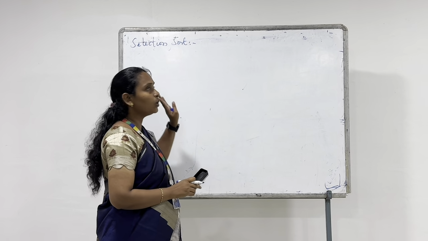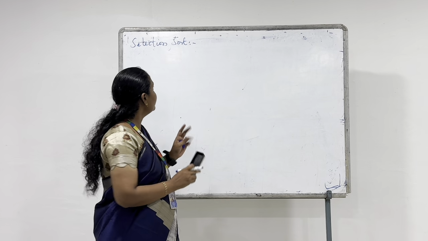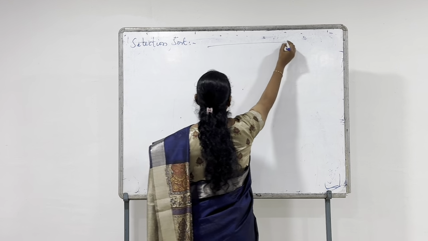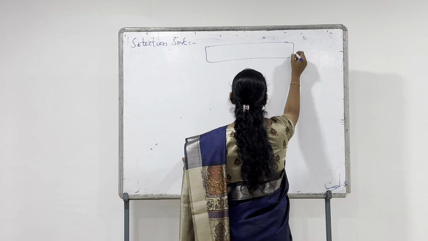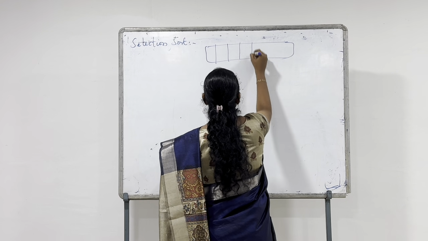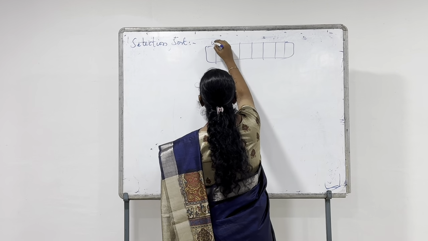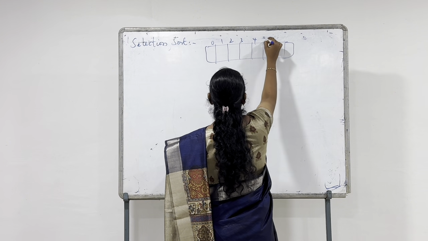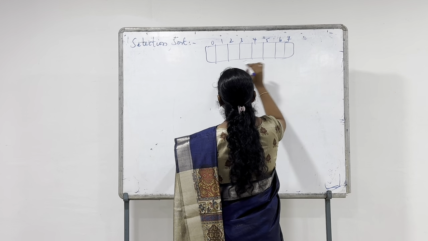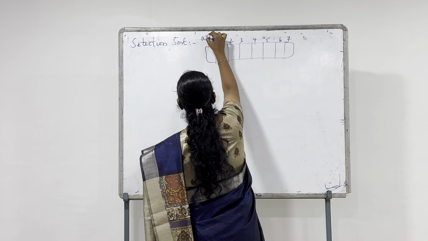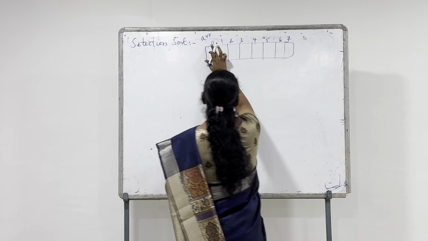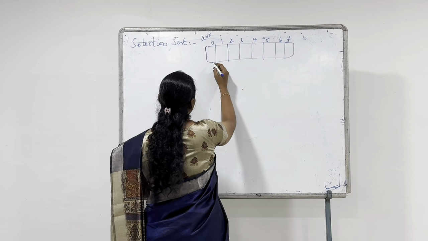In the selection sort algorithm, take an array of elements. This is an array ARR of 8 elements, starting from index 0 to 7.